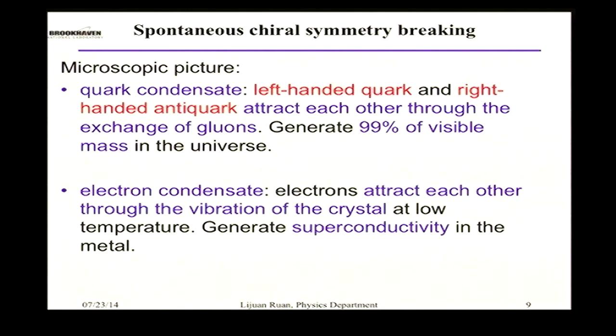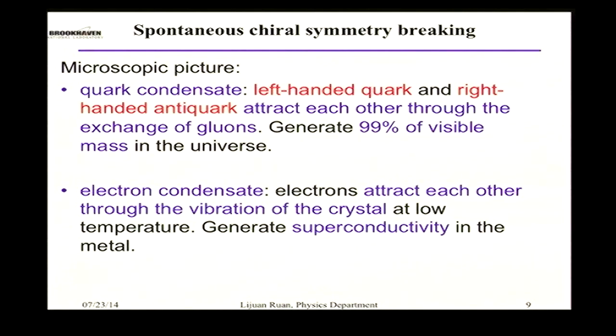So now, a little more detailed, more microscopic picture of chiral symmetry breaking. In the microscopic picture, the left-handed quark and right-handed antiquark attract each other through the exchange of gluons, and then a quark condensate is formed.